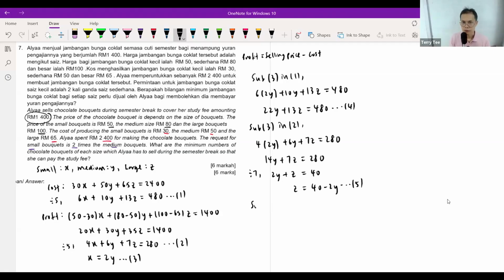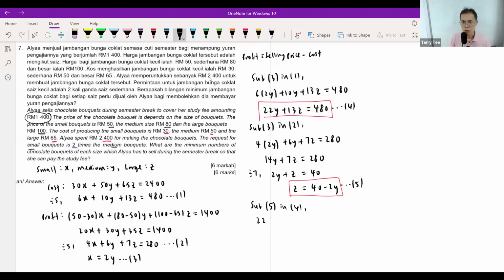Now we're going to take equation 5 and substitute, because you have z in terms of y. These two equations, this is y and z, and this is z in terms of y. So we substitute equation 5 inside equation 4.